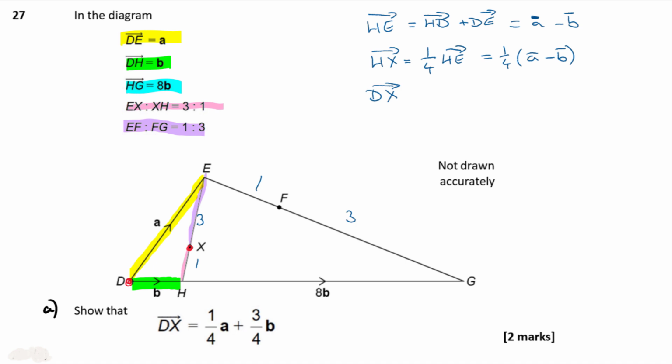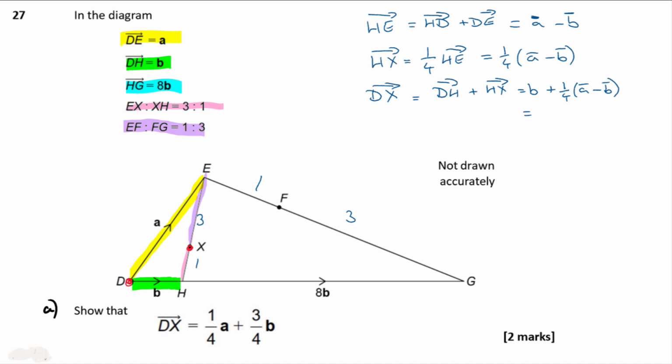Right, then finally, D to X. D to X then is D to H, which we know, plus H to X, which we know. So D to H is B, and then H to X is 1/4 of A minus B. What's that then?